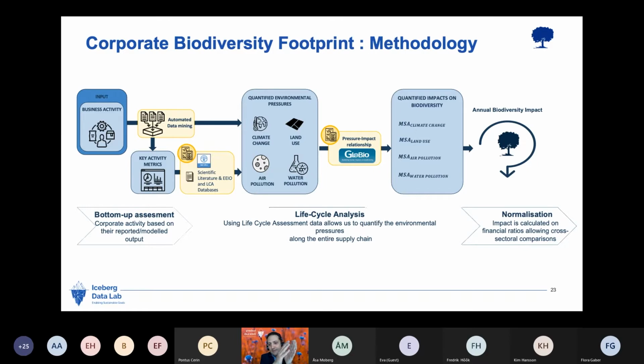So some comments, it's a bottom-up, so very granular approach. We model 1,200 different products, from the shoes to the eggs to the power from wind farms and so on. We calculate that on the scope 3 and we normalize the impact based on a financial ratio. Next slide, please.